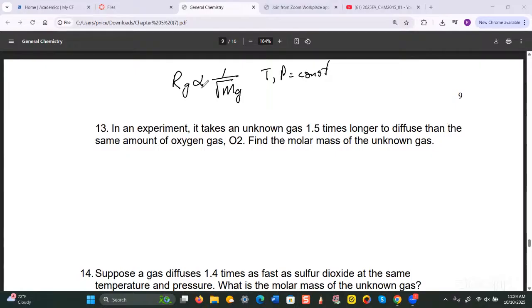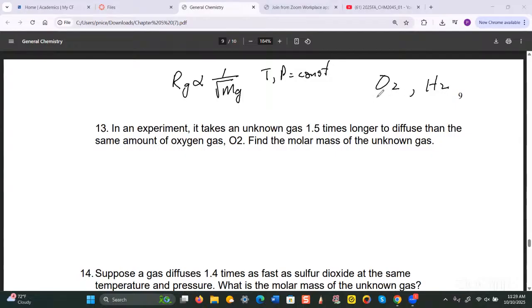I remember giving a question in some tests before. I don't remember exactly how it was worded, but it would be something like this: compare the rate of effusion of oxygen with hydrogen. Which would you expect to effuse at a faster rate? You don't have to do any fancy calculations, except to determine the molar mass of each of them.